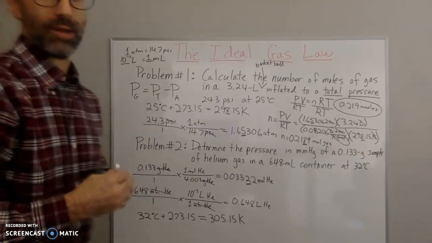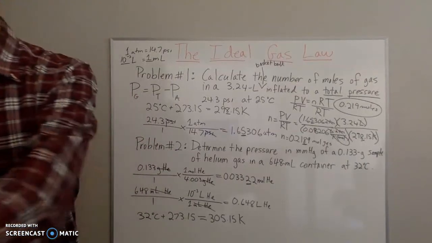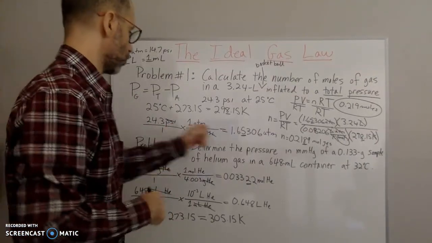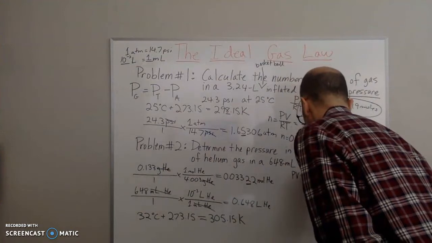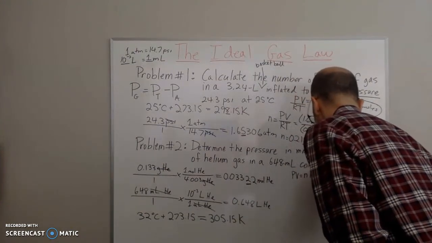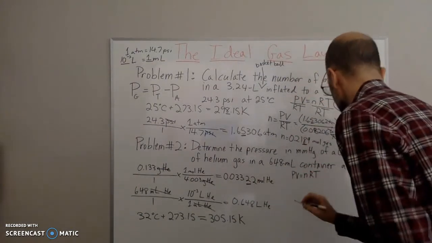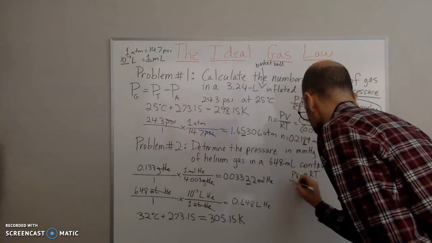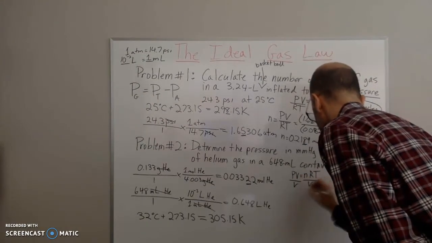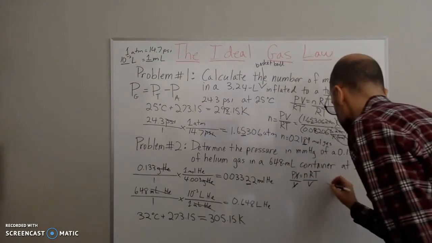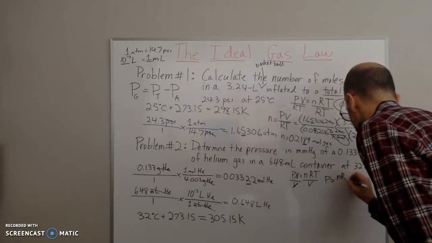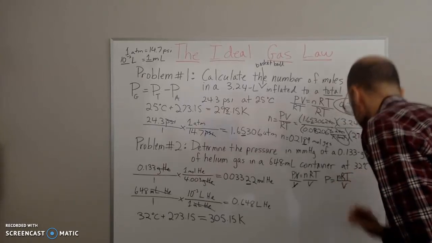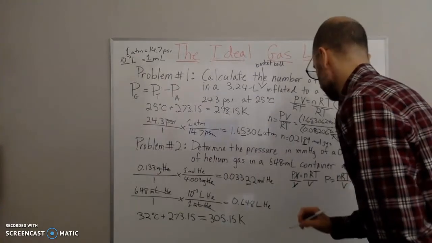So now I have everything in the units that I need. So we want pressure. So I have PV equals nRT. I'm going to solve for pressure. So divide both sides by the volume. Volume cancels out. And I get P is equal to nRT over V.